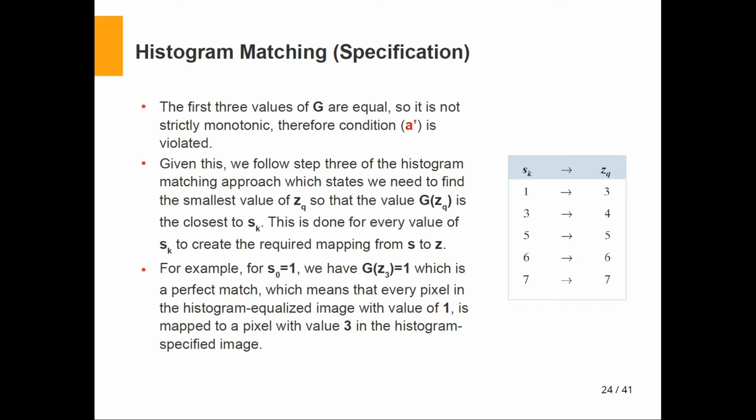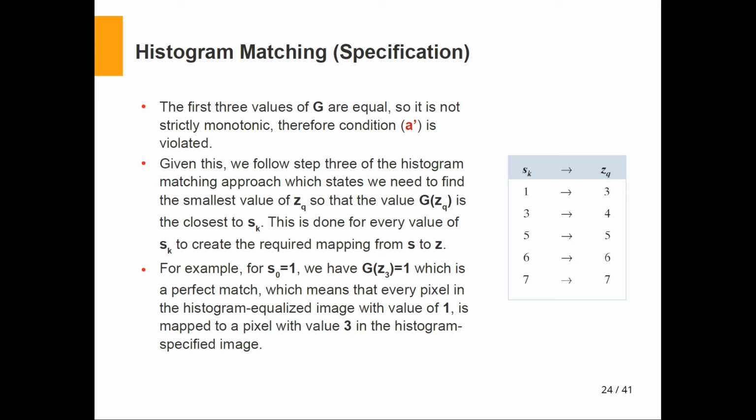And this is done for every value of sk to create the required mapping from S to Z. For example, for S0 being 1, we have g of z3, which is 1, which is a perfect match, which means that every pixel in the histogram equalized input image with value 1 is mapped to a pixel with value 3 in the histogram specified image.